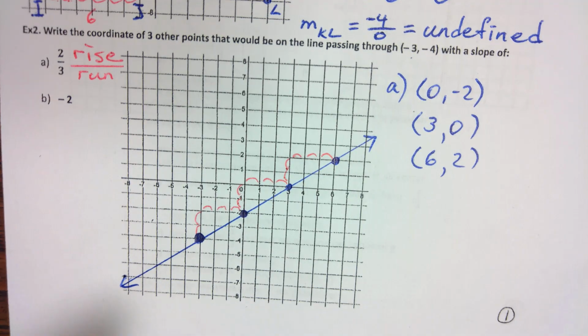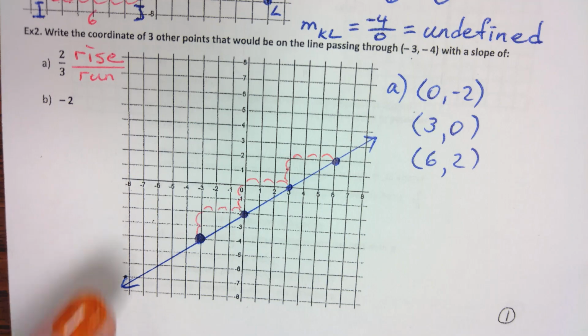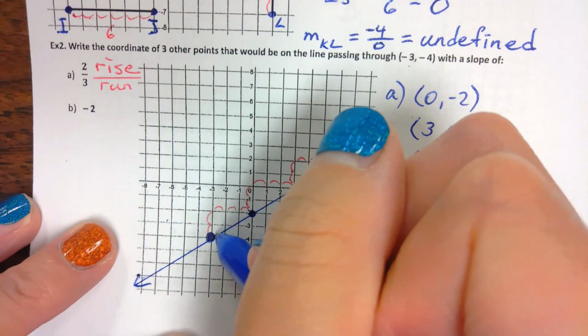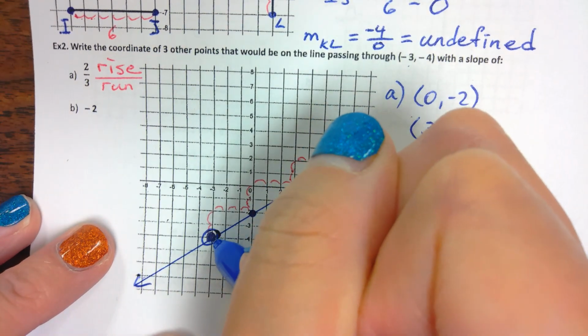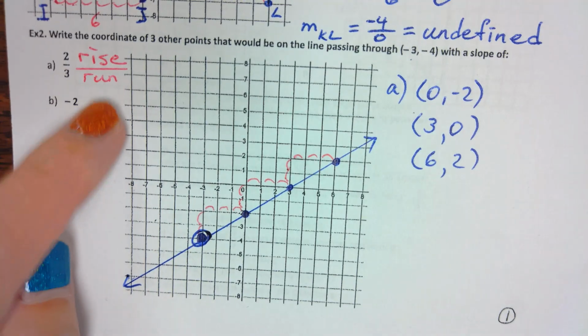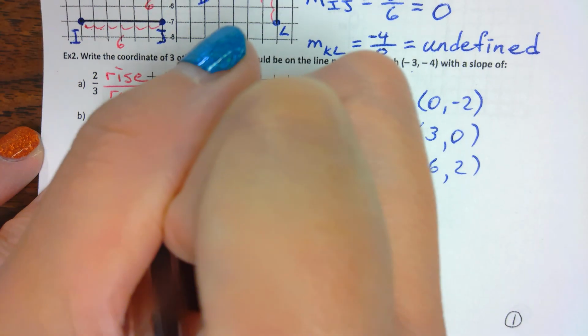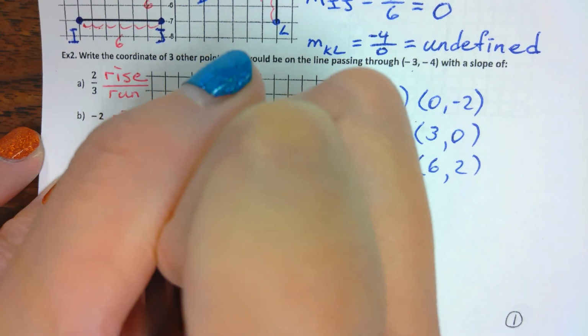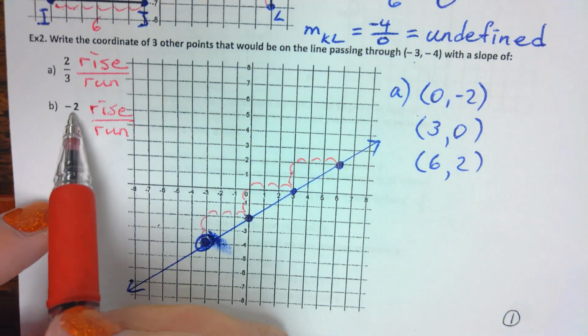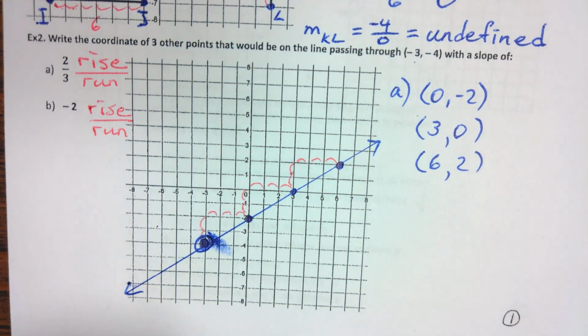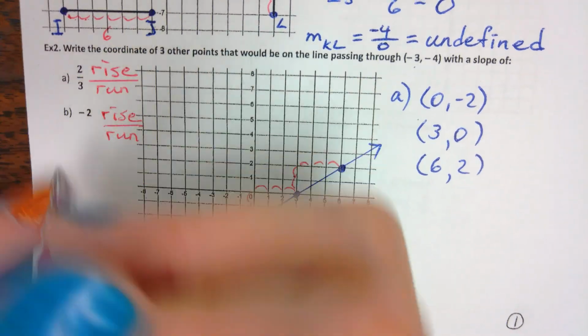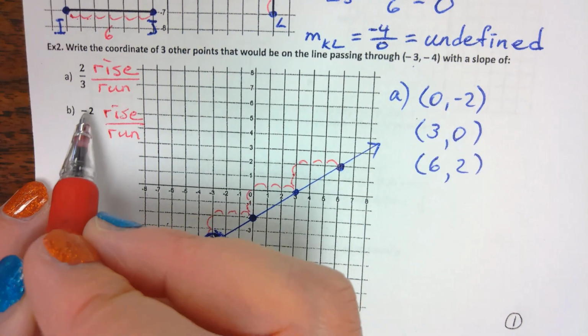Okay, so now let's try this one. Same thing. I want to start off with this point right here. Now I'm doing a rise over run on this. Okay, but I'm looking for my rise over run, but I only have a -2. Vincent. Right. Whenever, you have to remember this.